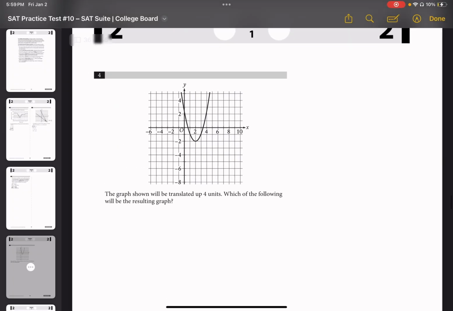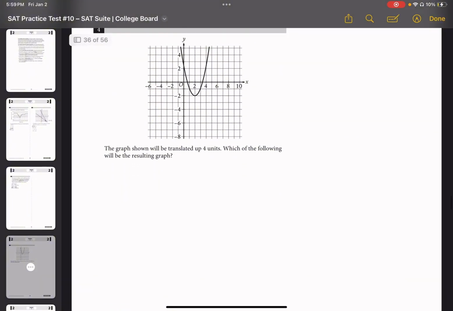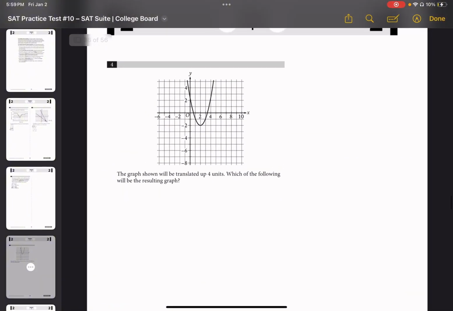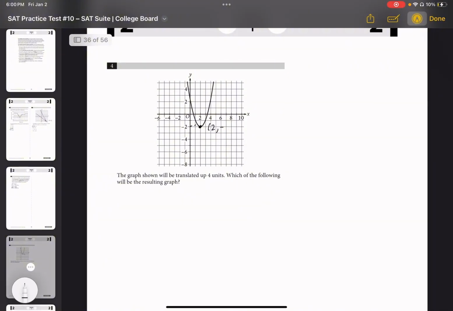Question 4. The graph shown will be translated up 4 units. Which of the following will be the resulting graph? So we have right here our current vertex at 2, -2. It won't let me write for some reason. Let's see. There we go.